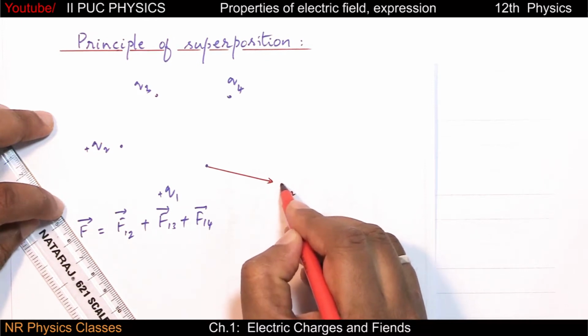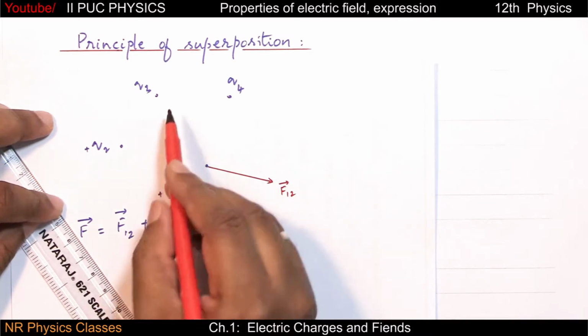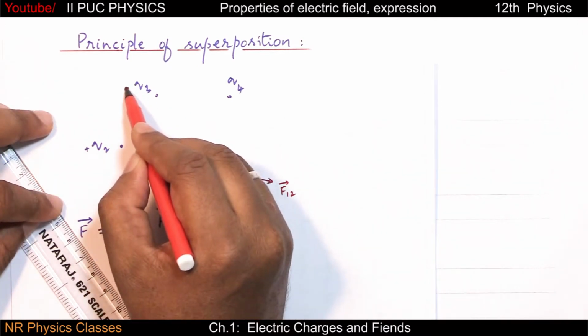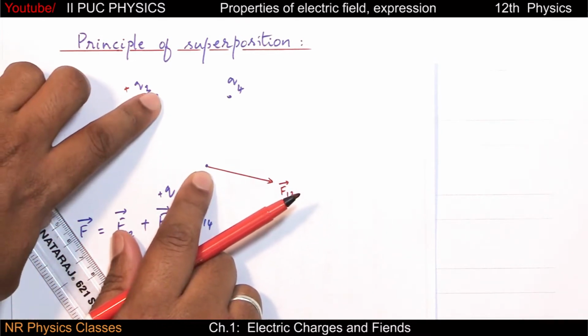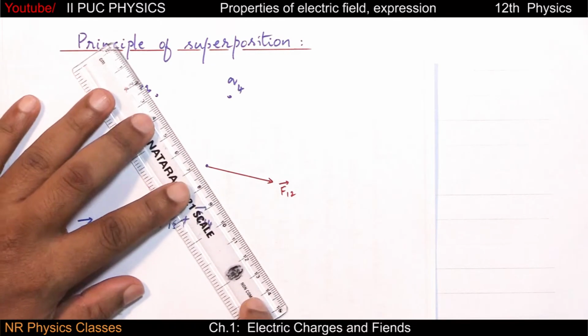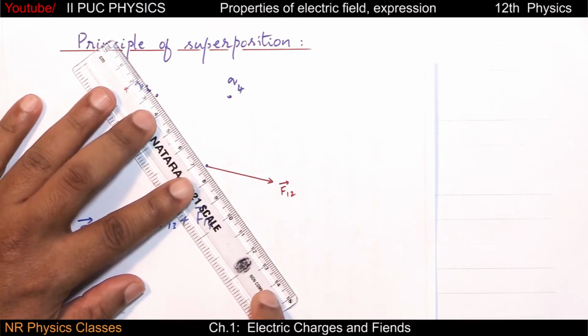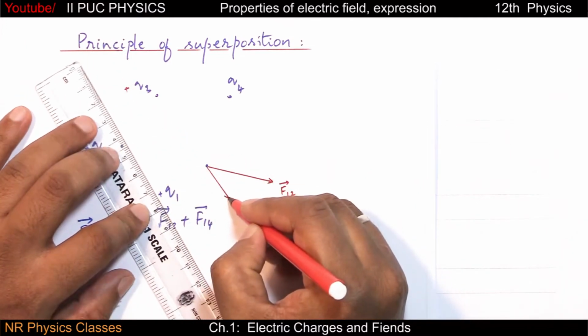That we know. Now if Q3 is also positive, then there is repulsion between Q1 and Q3 like this. Then force on Q1 is away along the line joining the charges.